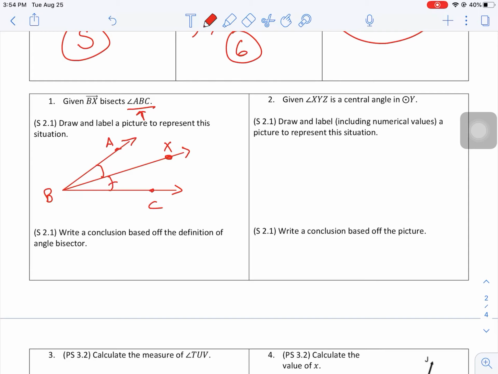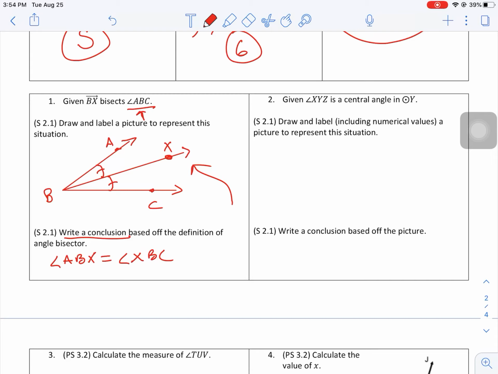So to show bisection, we're going to do congruent marks, those congruent tick marks. It says write a conclusion. Well, what we know is that angle ABX is equal to angle XBC, right? That's the conclusion. If we have a bisection, then we know that the two angles it creates are equal to each other.